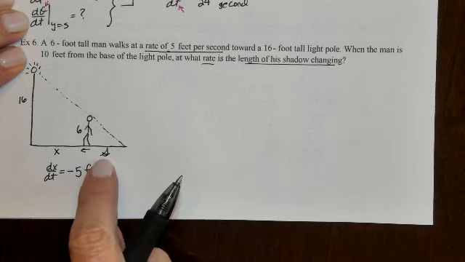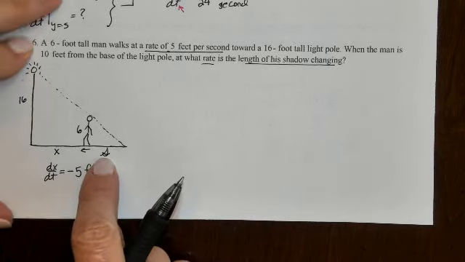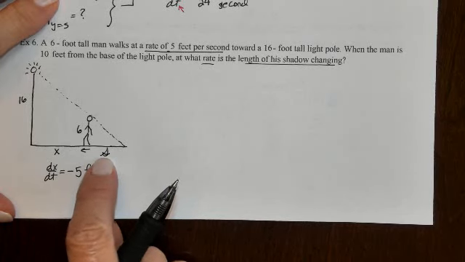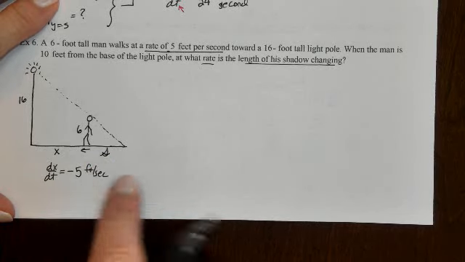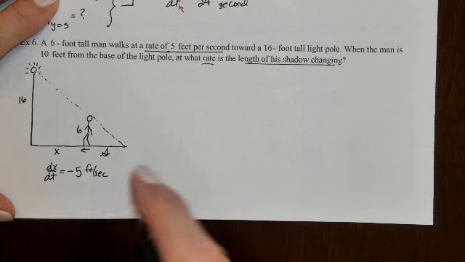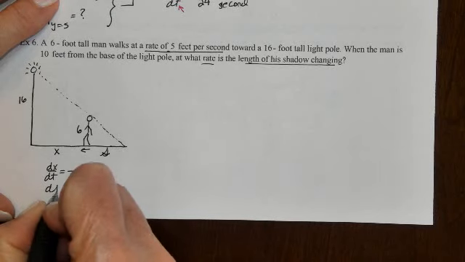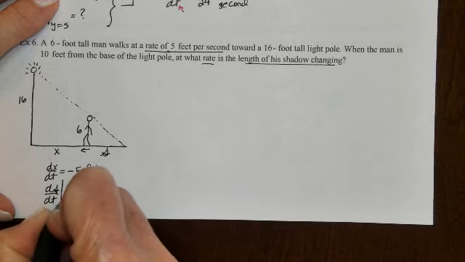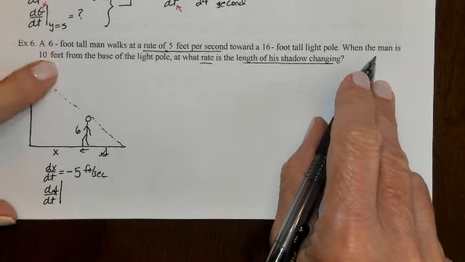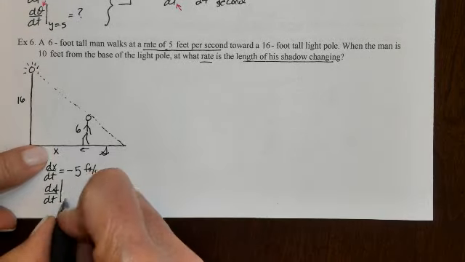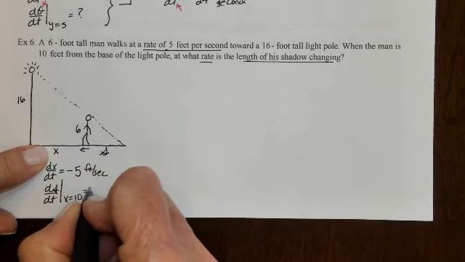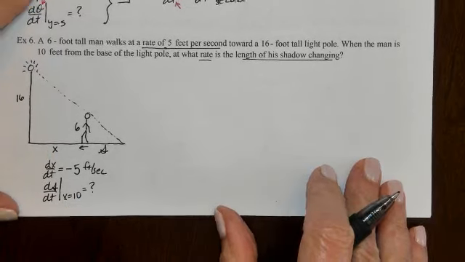That's a little cursive s for shadow. You can call it another variable if you want to, M, N, whatever. I'm going to call it s for shadow. So we're looking for ds/dt when the man is 10 feet from the base of the light pole, so when x equals 10.